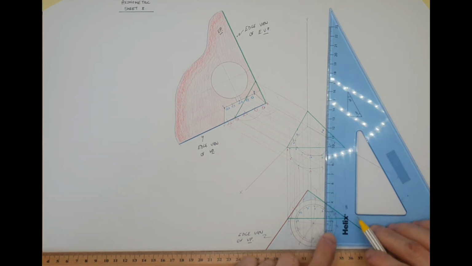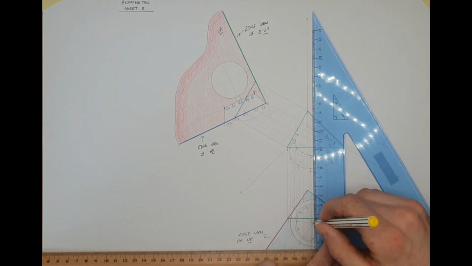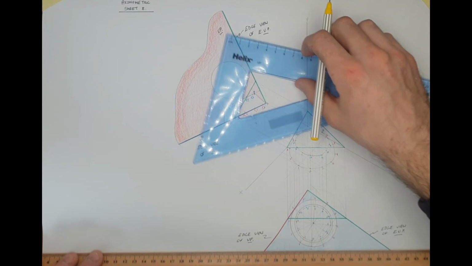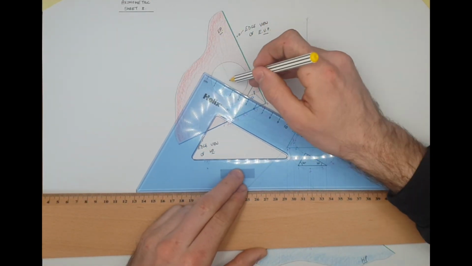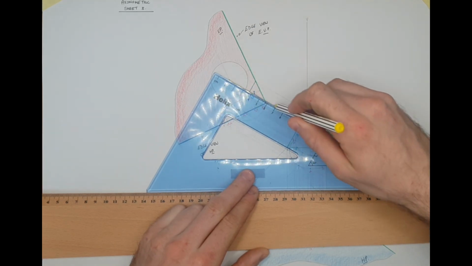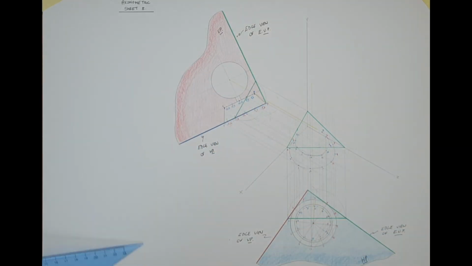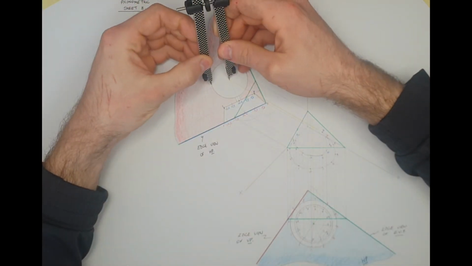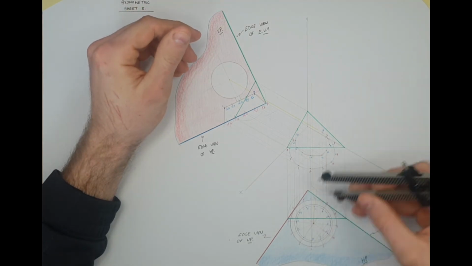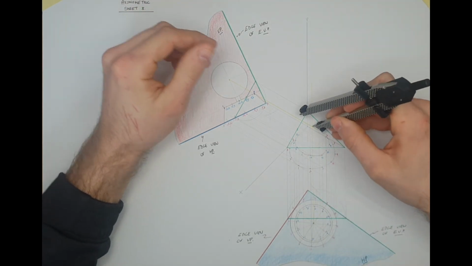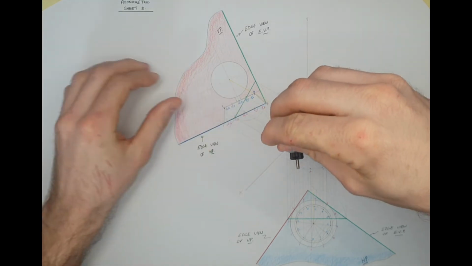So the centre of the sphere is here in plan. The centre of the sphere is up here in the elevation, right there. The size of the sphere is right there in the elevation, and it's there in plan, and from the centre we draw the sphere, and that's it.